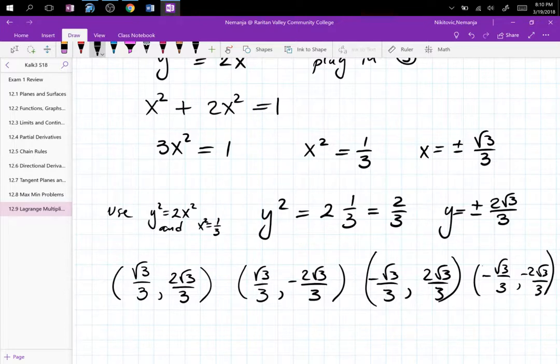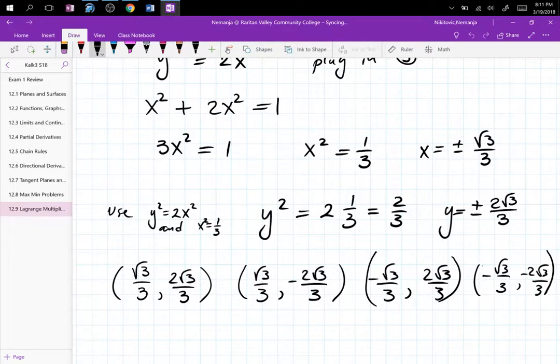Are we done? No. Now we have to find the z values, right? To find which one is the highest and which one is the lowest. To find the min and the max. Because look at a bottle. You're looking at this with your eyes, and there is the top point there.